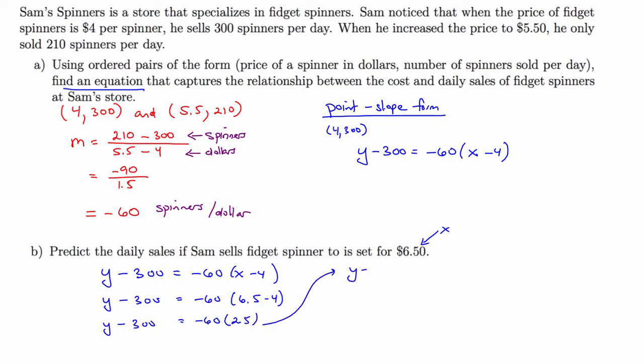So y minus 300 equals negative 60 times 2.5, which is negative 150. And to finish solving, we will add 300 to both sides of the equation, and we will end up with y equals 150. Our prediction is Sam will sell 150 fidget spinners if the price is $6.50 per spinner.